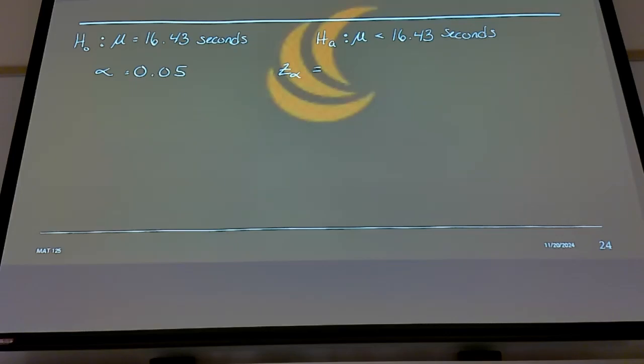We want to find the z-score that has 0.05 area to the left.